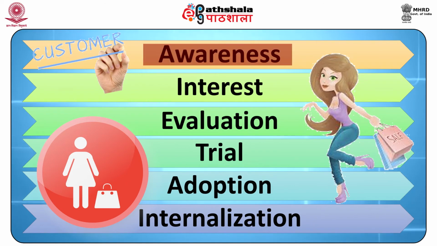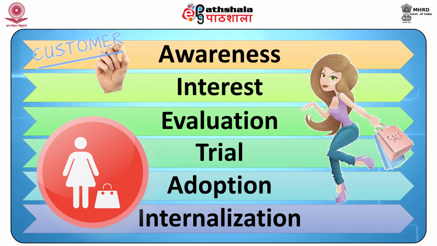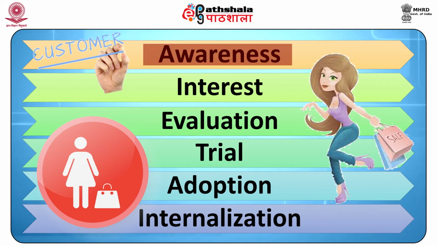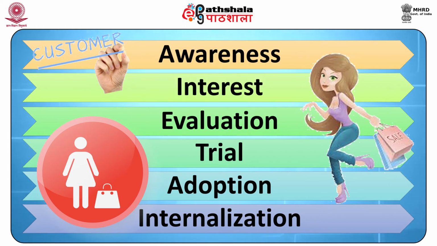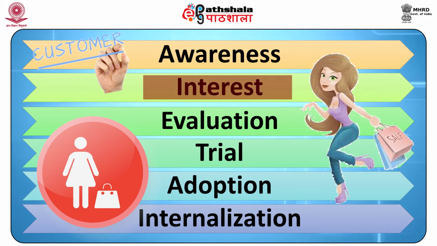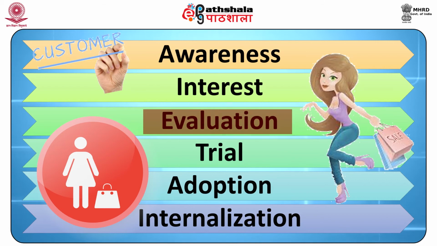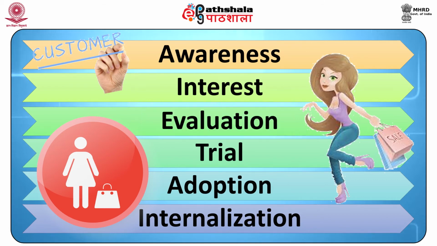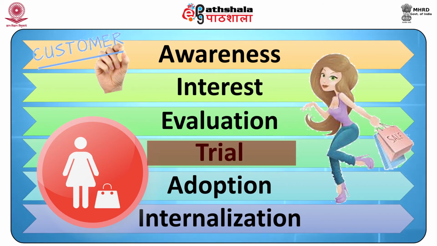The consumer becomes aware that a new product exists but is unsure about its information. Interest. The consumer becomes interested in knowing more about the product and seeks information. Evaluation. The consumer evaluates if he would like to try the product. Trial. The consumer makes the decision to try the product, to experience it and to judge its value.